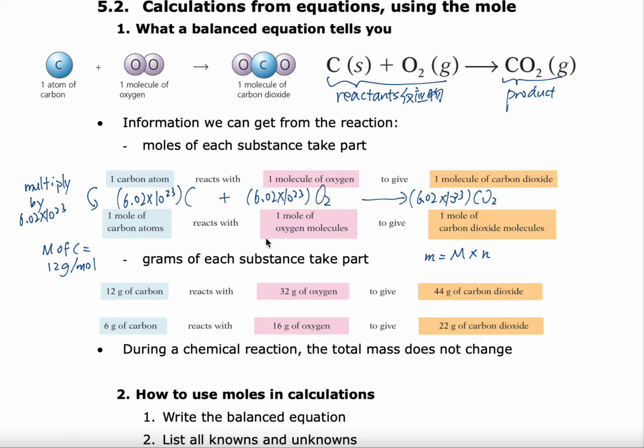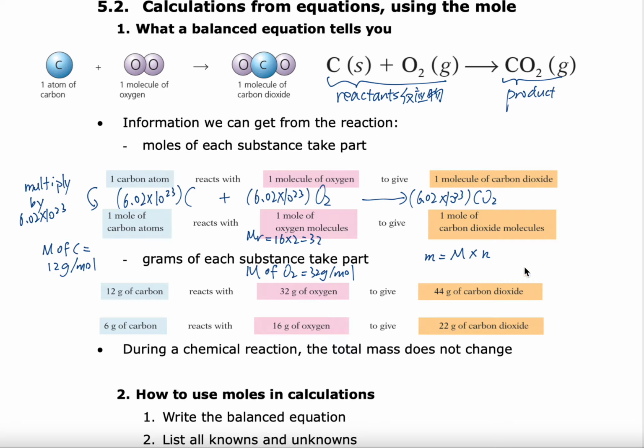If you want to calculate the molecular mass of oxygen, each oxygen is 16. The molecular mass should be 32. That means the molar mass of oxygen is 32 grams per mole.